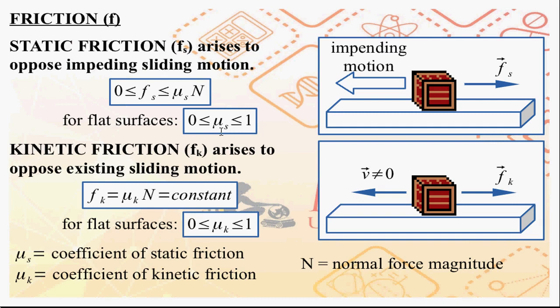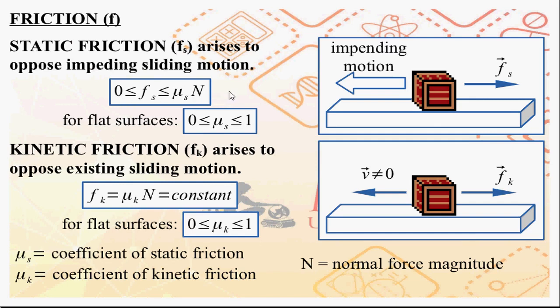And N, capital N, is the normal force magnitude. So look at the situation provided by the problem, perform force analysis, and determine the magnitude of the normal force. That normal force magnitude is what you will use for capital N in the equation for friction.